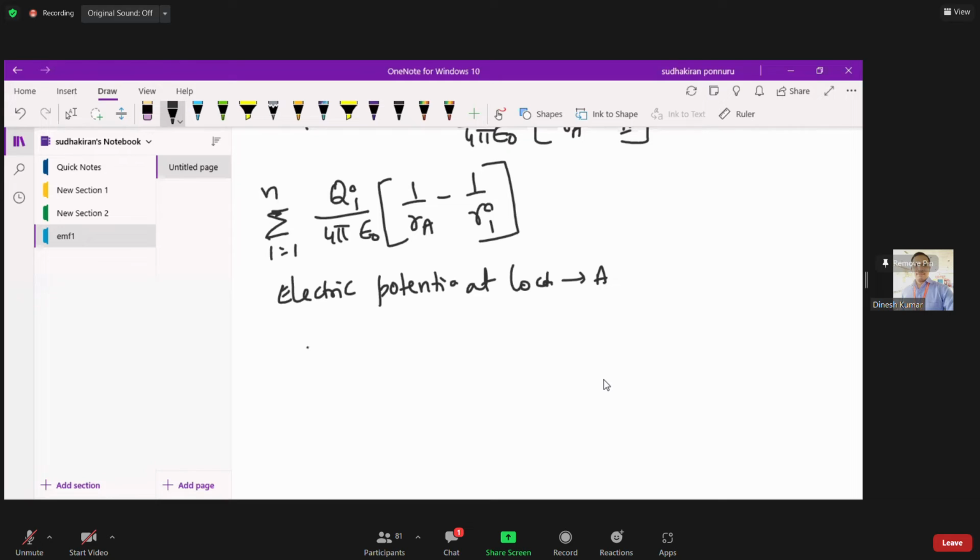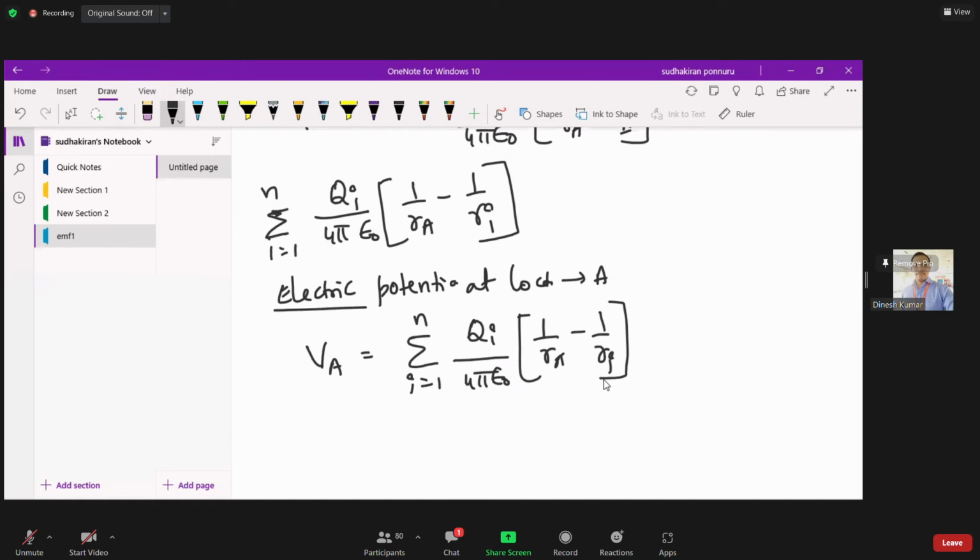VA is equal to the sum from i equals 1 to n of Qi divided by 4 pi epsilon naught times (1 by RA minus 1 by Ri). So this is the value for case 3.